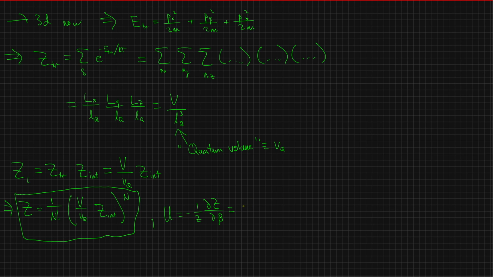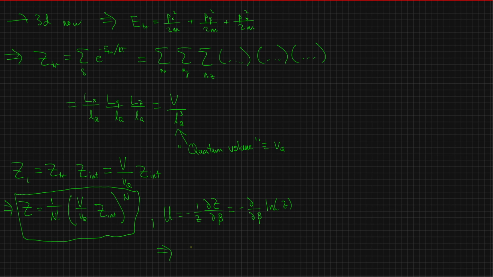So we can also just write this as minus del over del beta of log of Z. The derivative of log of Z is just going to be 1 over Z and then the derivative of Z with respect to beta. So if we take this derivative right here and we use this partition function right here, we can get the following.